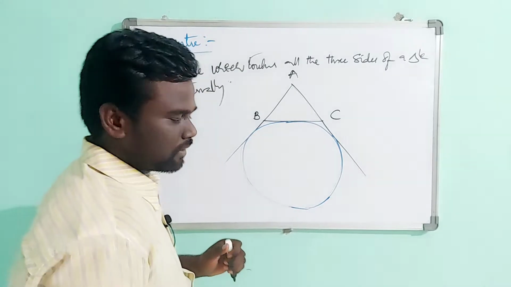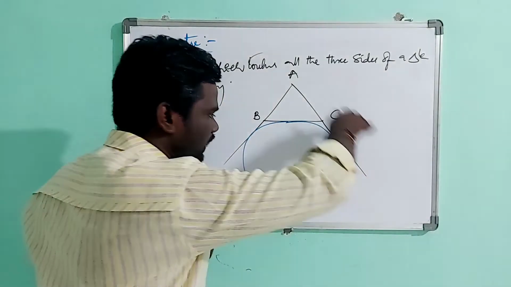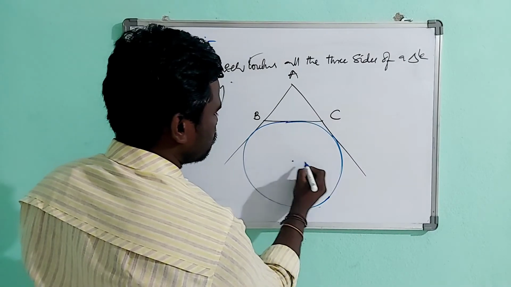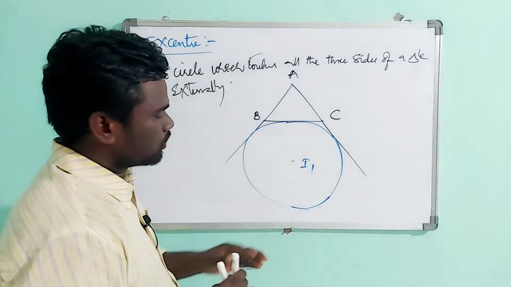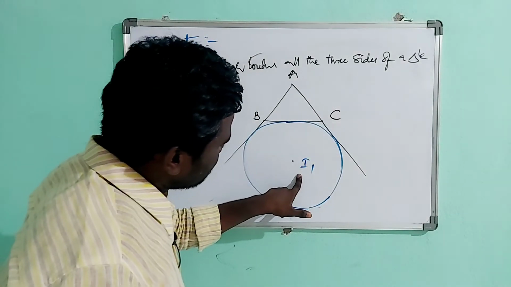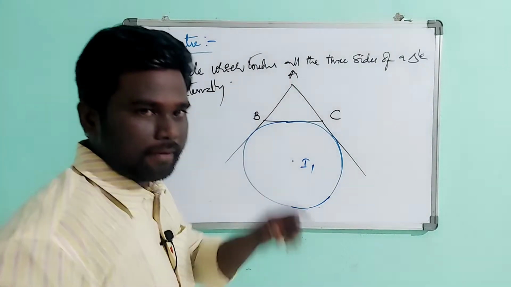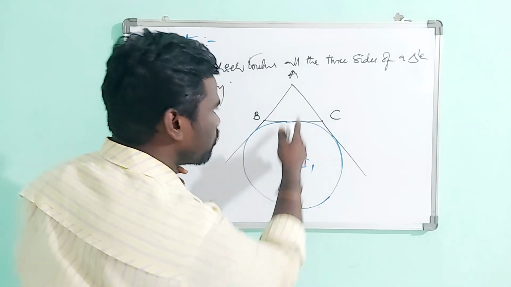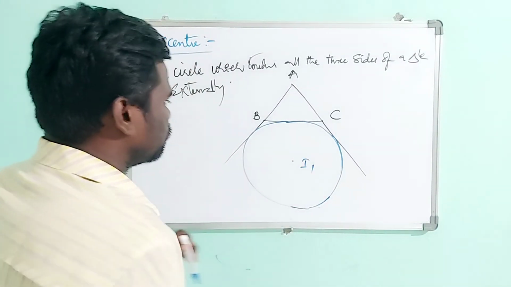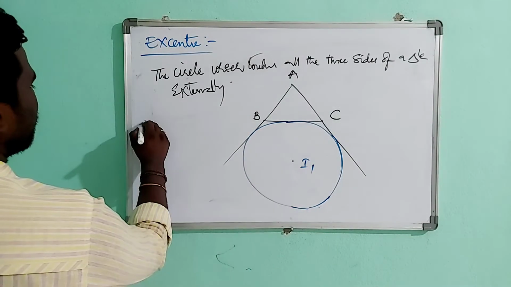So here the center of this external circle is called the Excentre, which is denoted by I1. I1 is the center opposite to the vertex A. The Excentre opposite to the vertex A is called I1. How to find I1?